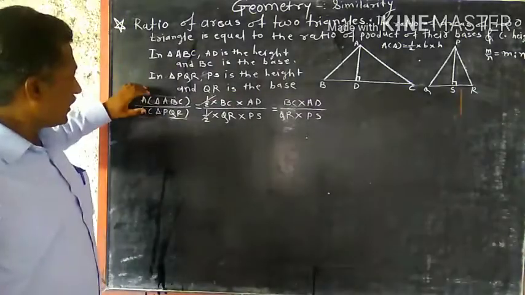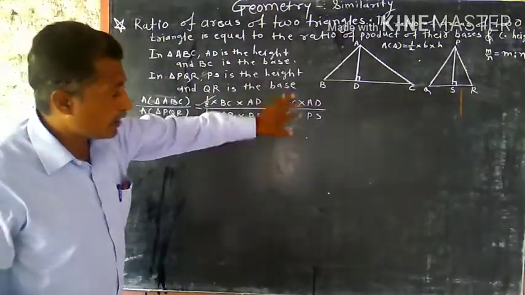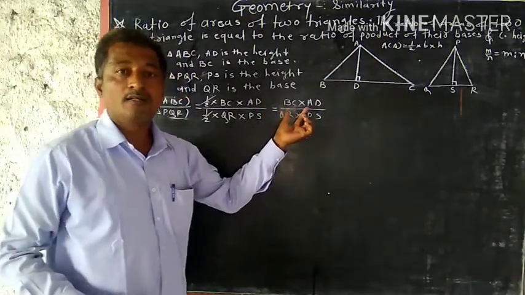It means the ratio of areas of two triangles is equal to the ratio of the product of their bases and corresponding heights.